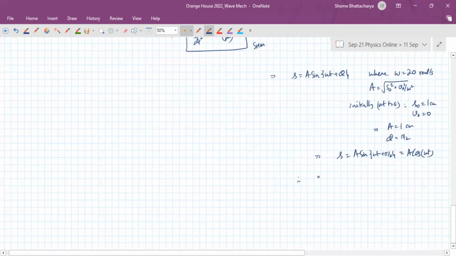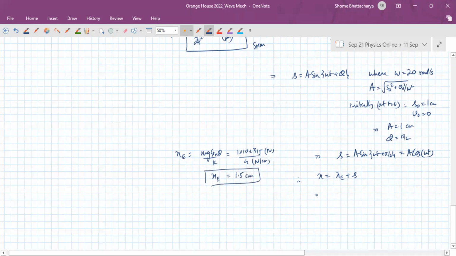Therefore, for the spring X, the equilibrium value of X is given by mg sine theta by k. That is 1 into 10 into 3 by 5 divided by 4, in Newton per centimeter. So you can see it is 1.5 centimeters.